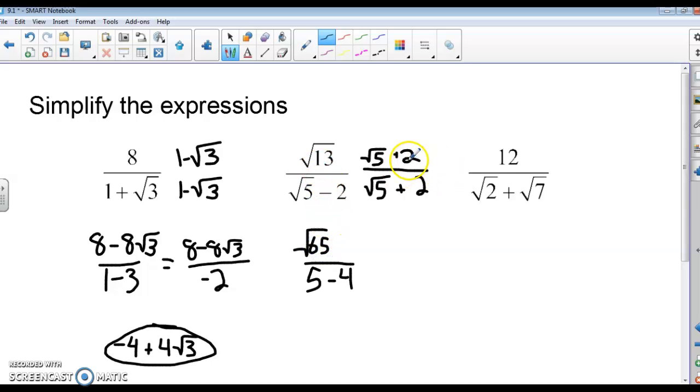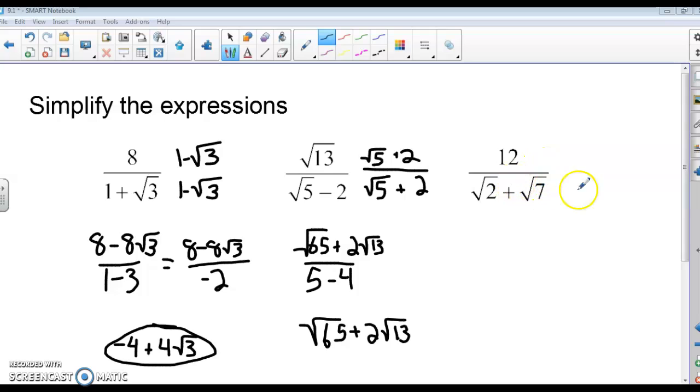And the square root of 13 times 2 would be 2 square root of 13. Now my denominator becomes 1. Look at the square root of 65. Are there any perfect squares that go into 65? No. So square root of 65 plus 2 root 13 is going to be my answer to this one. It's over 1, but we don't have to write that.